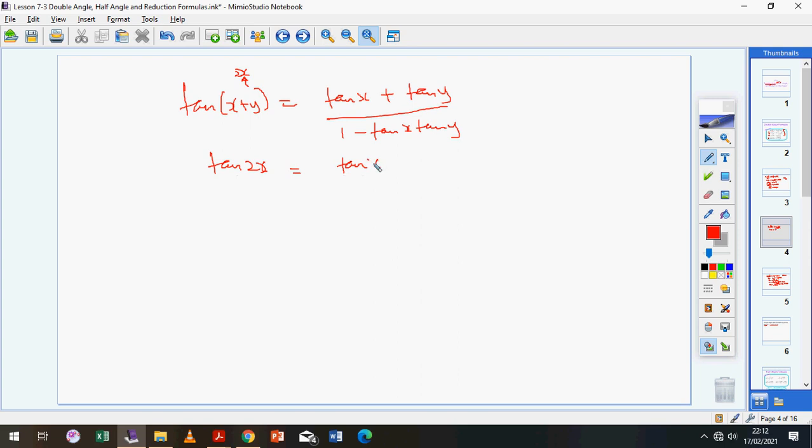Instead of tan of y, I'll have tan of x. Instead of 1 minus tan x tan y, I'll have 1 minus tan x tan x. On the top I have two of the same things, so 2 tan x, and at the bottom I have tan x times tan x. Tan x times tan x is the same thing as tan squared x, so tan squared x. So that's the double angle identity or formula for tan of 2x.